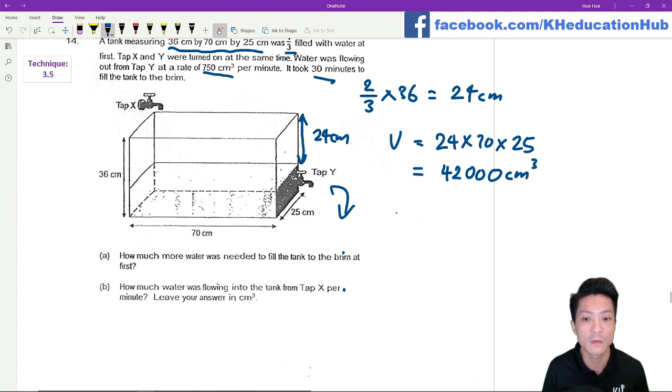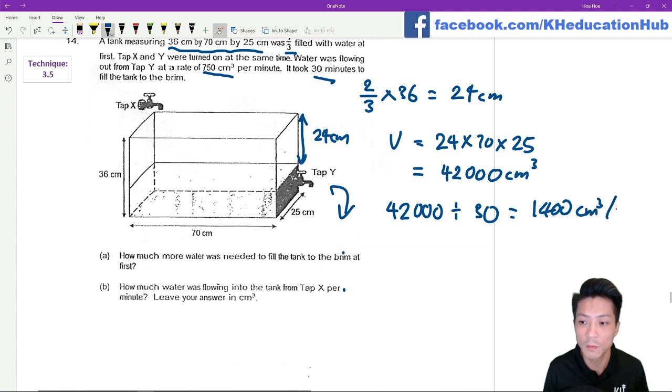So I want to find out every minute how much water is flowing into the empty space. Gonna use 42,000 divided by 30. 1,400 cm cube per minute.